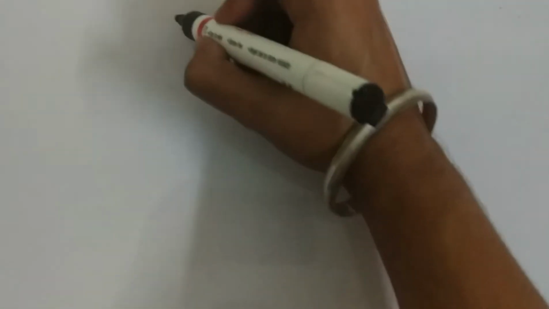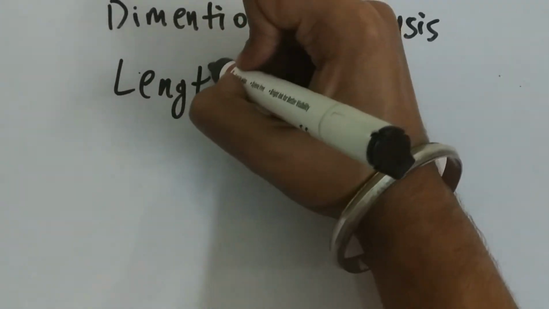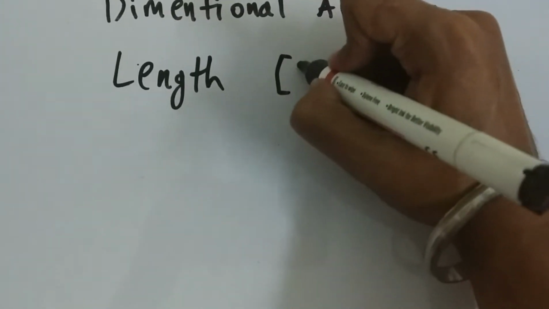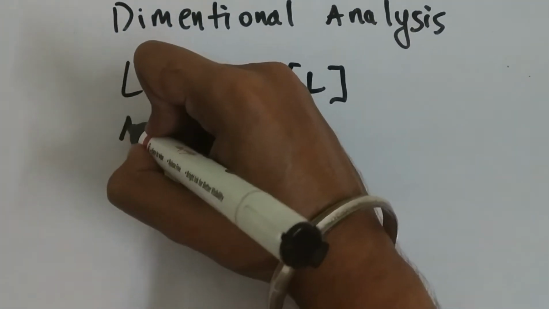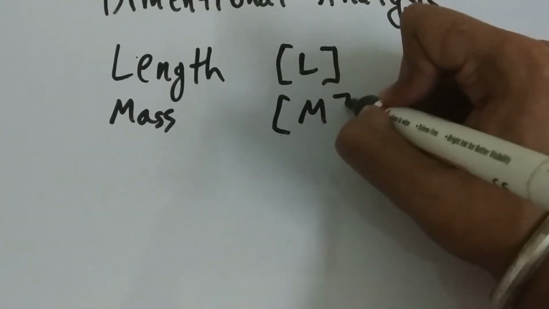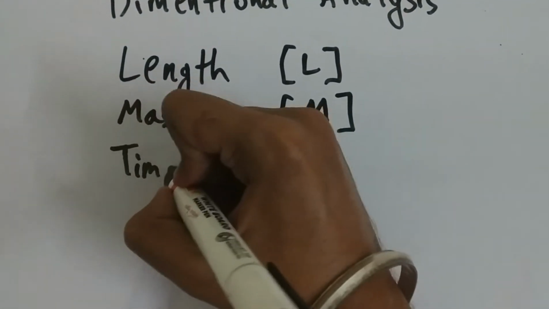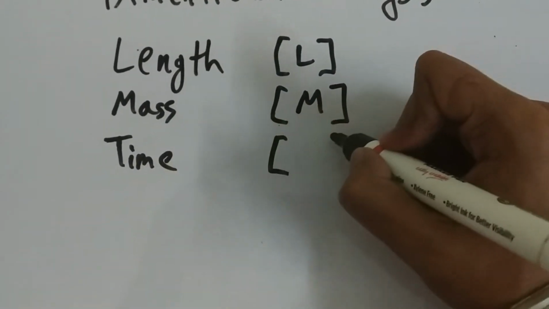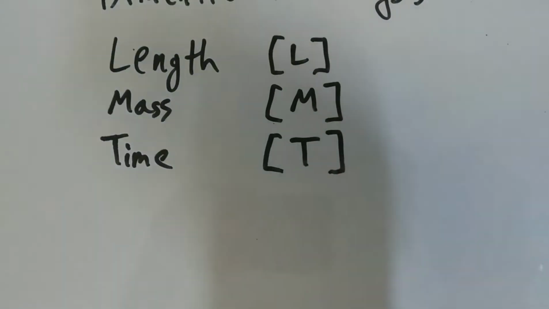Dimension of length is capital L. Dimension of mass is capital M. Dimension of time is capital T.